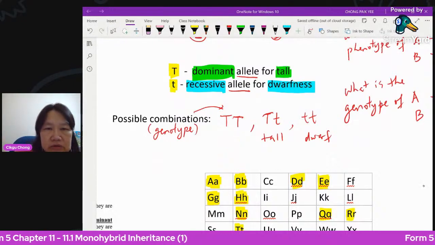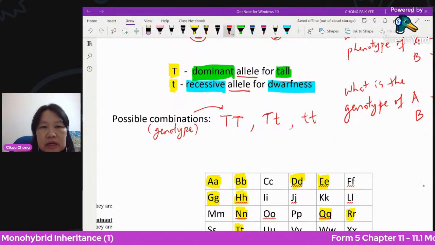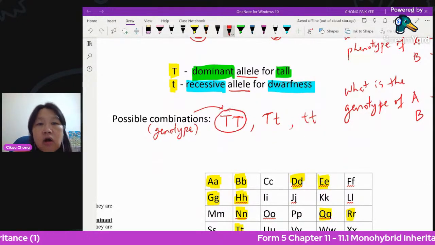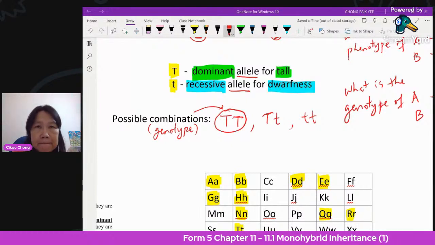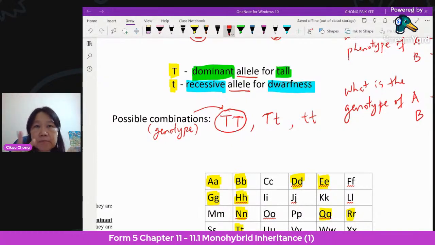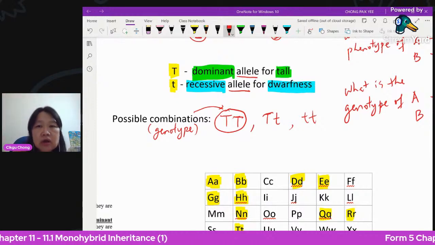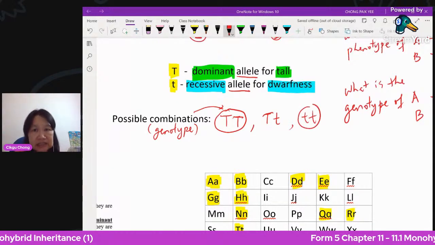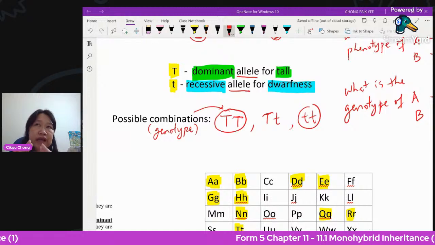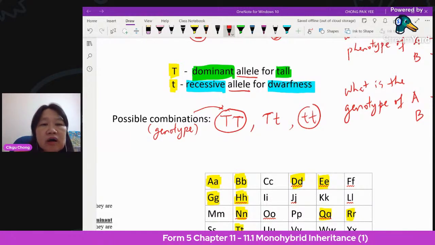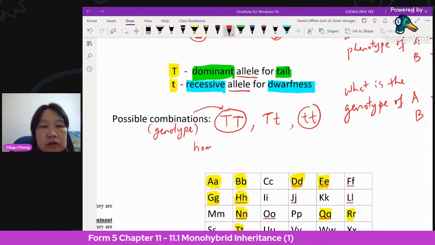Now, I want to tell you one more thing. If I see that all the alleles inside an organism are the same, both dominant or both recessive, both types of alleles are the same, we call it a homozygote.